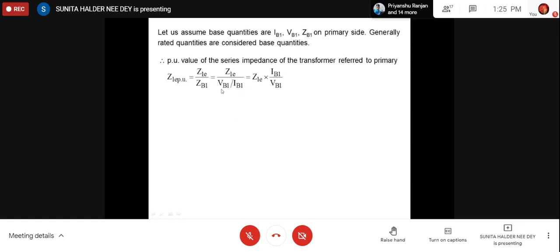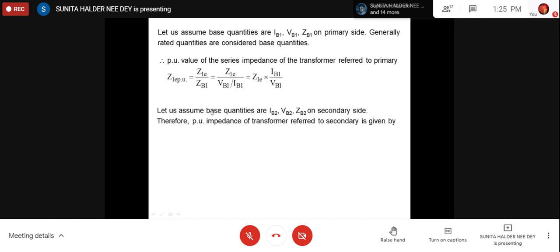So obviously it is Z1E into IB1 by VB1. Now, if we assume the base quantities on the secondary side are similarly IB2, VB2 and ZB2, then Z2E per unit is the actual impedance Z2E divided by the base impedance on the secondary side, that is Z2E into IB2 by VB2. So this will be the expression.